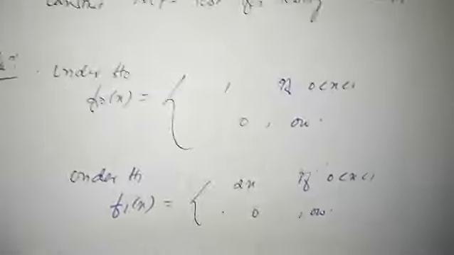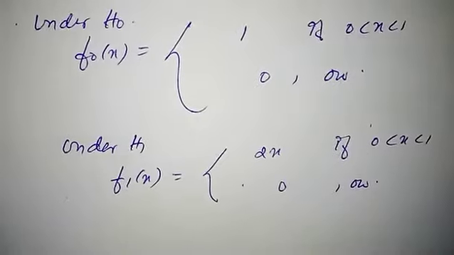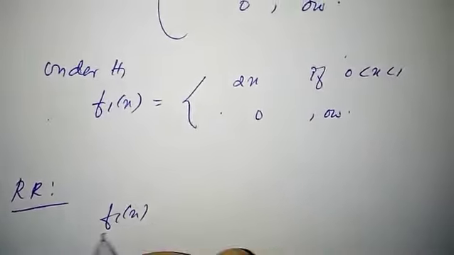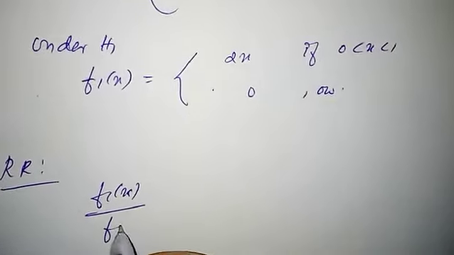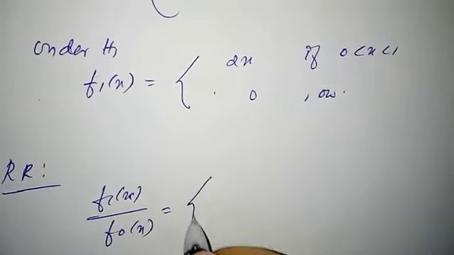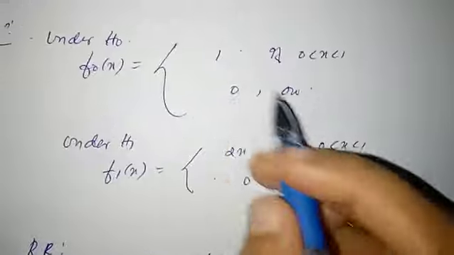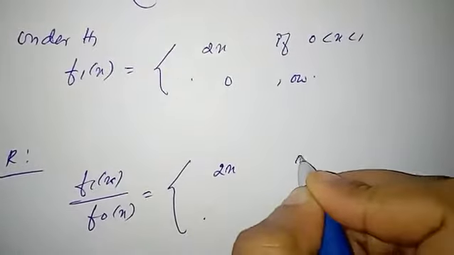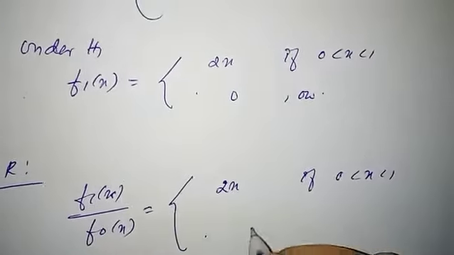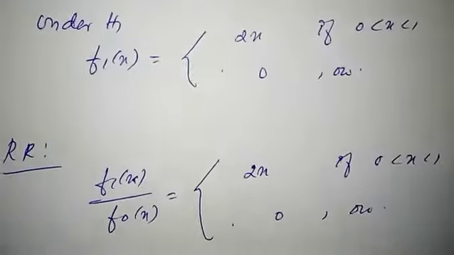So then we have to take the ratio for the rejection region, that is f1(x) divided by f0(x). Here it's simple: 2x by 1, that is 2x if 0 < x < 1, 0 otherwise.